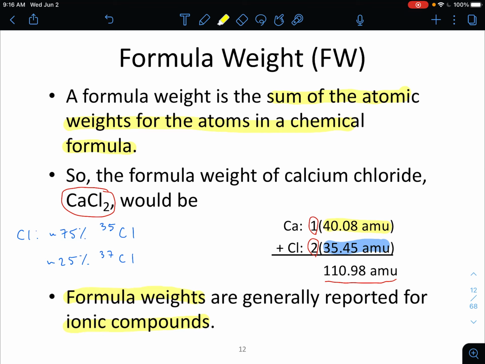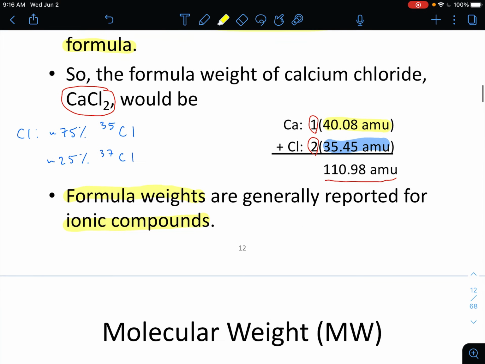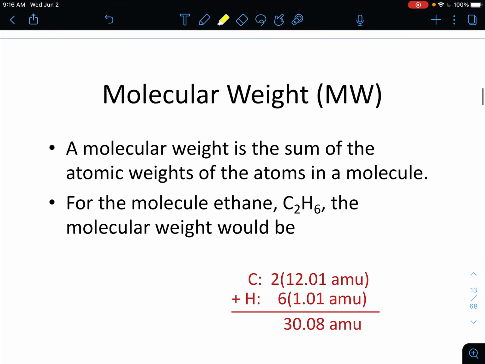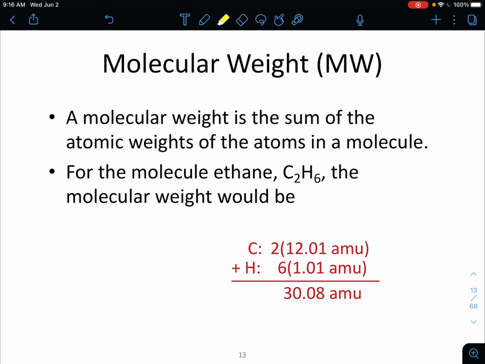Nothing in the process changes at all, but that's technically the distinction that we make. So probably I'm always going to end up saying molecular weight since we're talking about molecules, but it really doesn't matter what that terminology is.